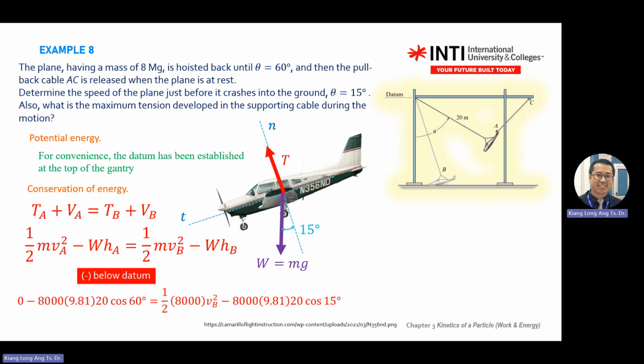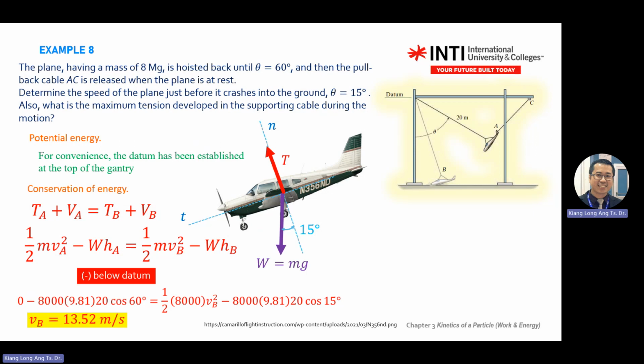So this is the h, below datum, negative. Equal to after. After, you have a velocity you don't know, so you keep v at the second location. But you know the h: over here, 20 cos 15. The length is 20. So you are left with only one unknown, which is your v_B. So your v_B is 13.35.